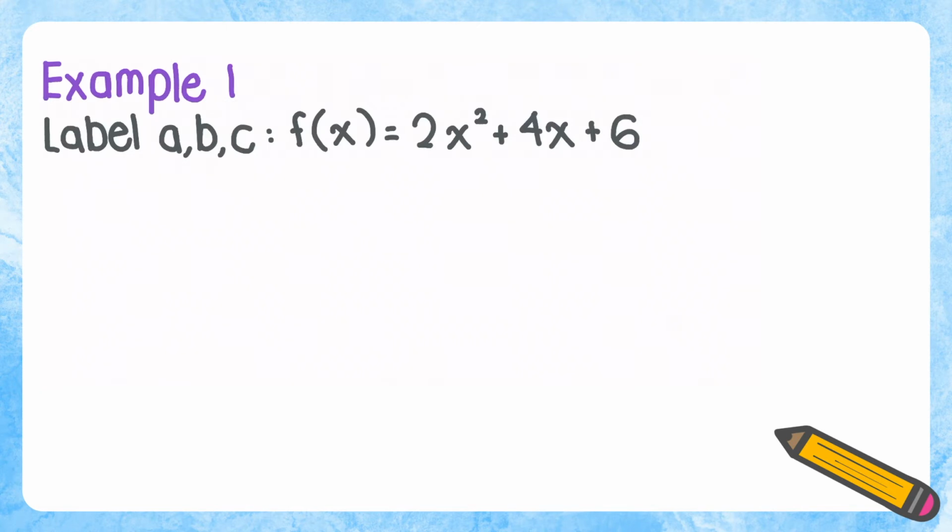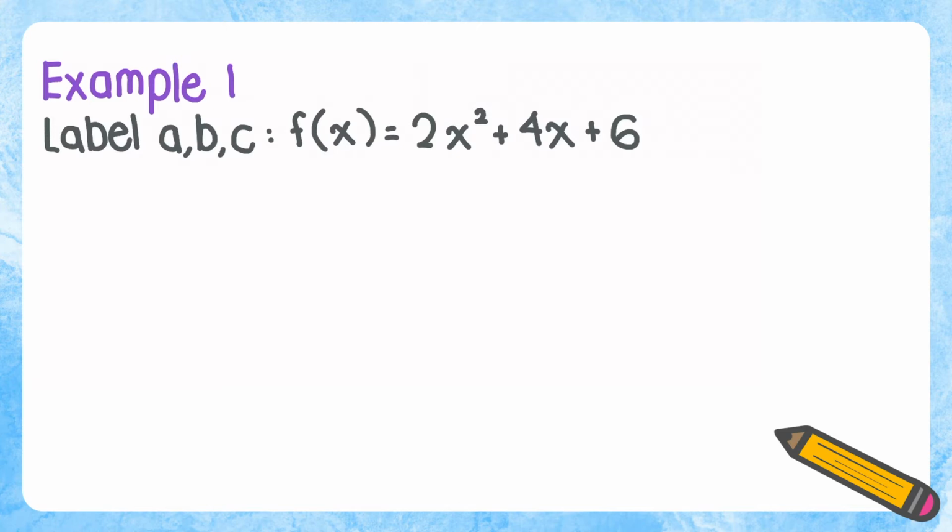For our first example, we're asked to label or identify a, b, and c when we're given the quadratic function f of x equals 2x squared plus 4x plus 6.